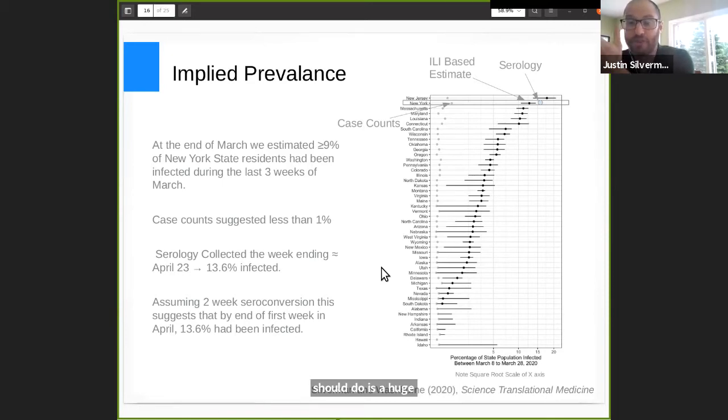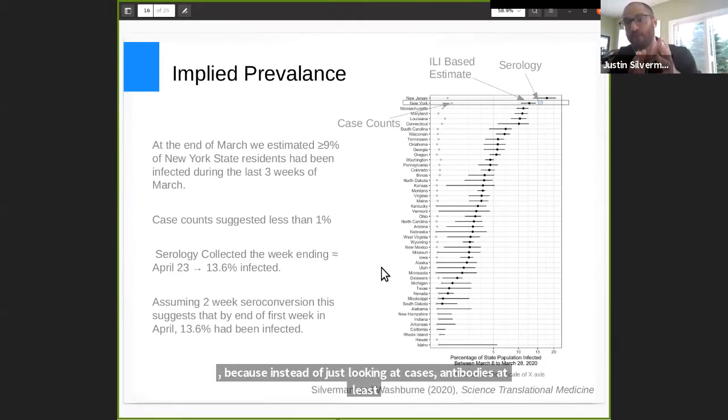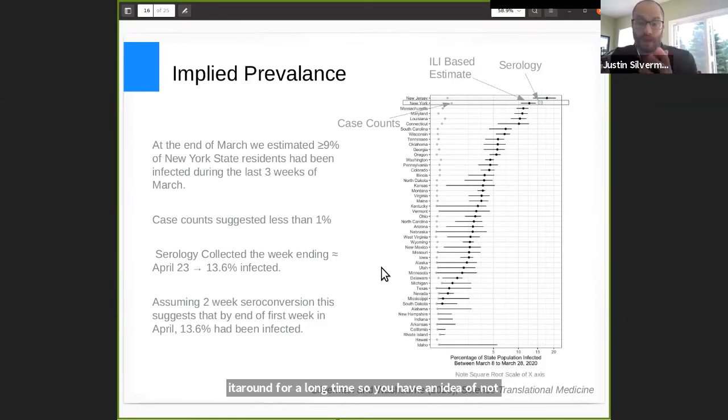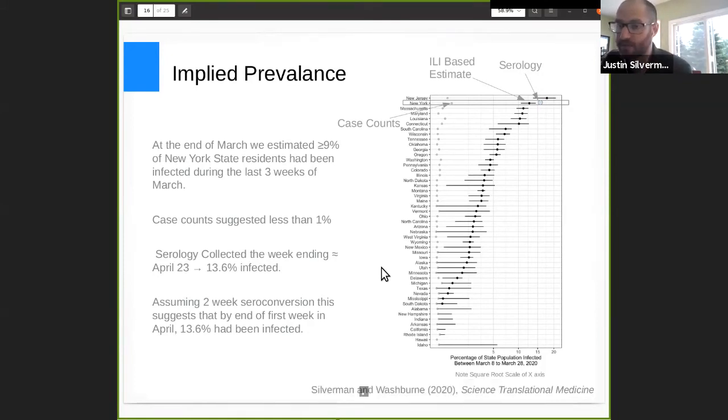Because instead of just looking at cases, antibodies at least stick around for a long time. So you have an idea of not just who's currently infected, but who has been infected. So they ran this massive serology study all over New York State. And the result came back as 13.6% for a similar time period.